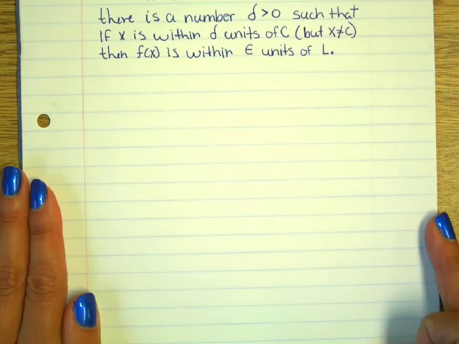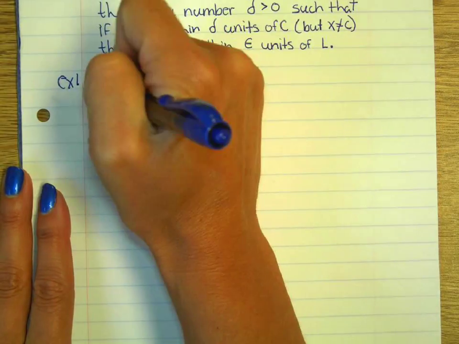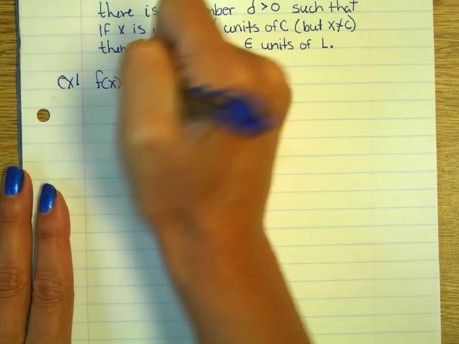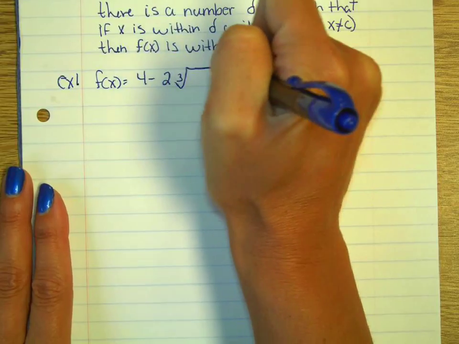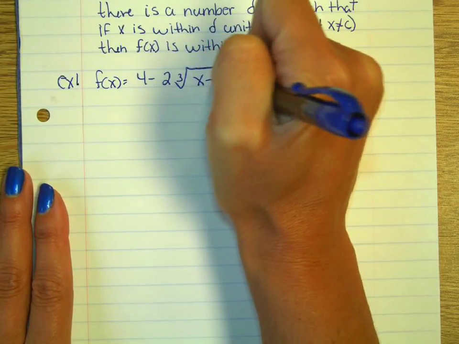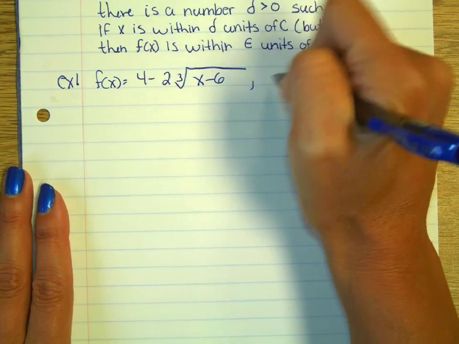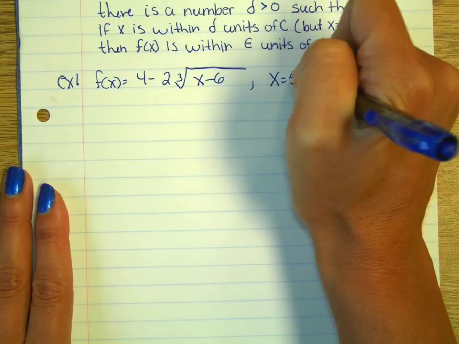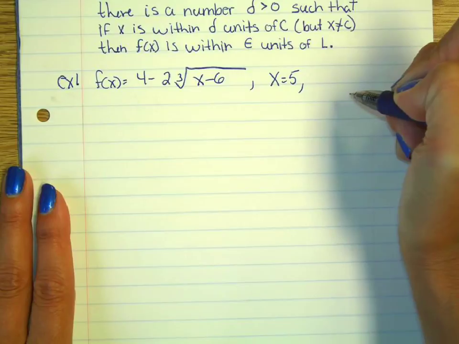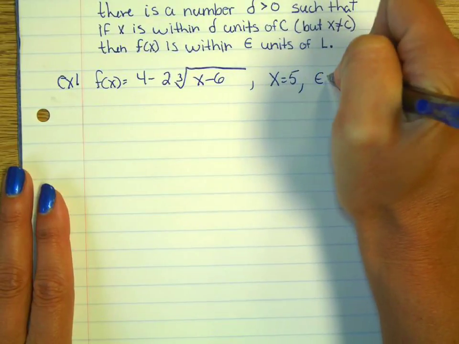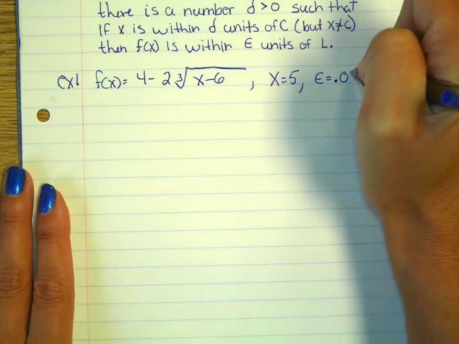Let's see, go right here. If f of x equals 4 minus 2 times the cube root of x minus 6, we're going to let x equal 5 and epsilon equal 0.01.